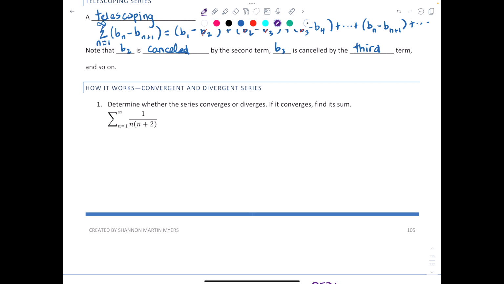So if we rewrite this series as 1/2 times the summation as n goes from 1 to infinity of 1 over n minus 1 over n plus 2.